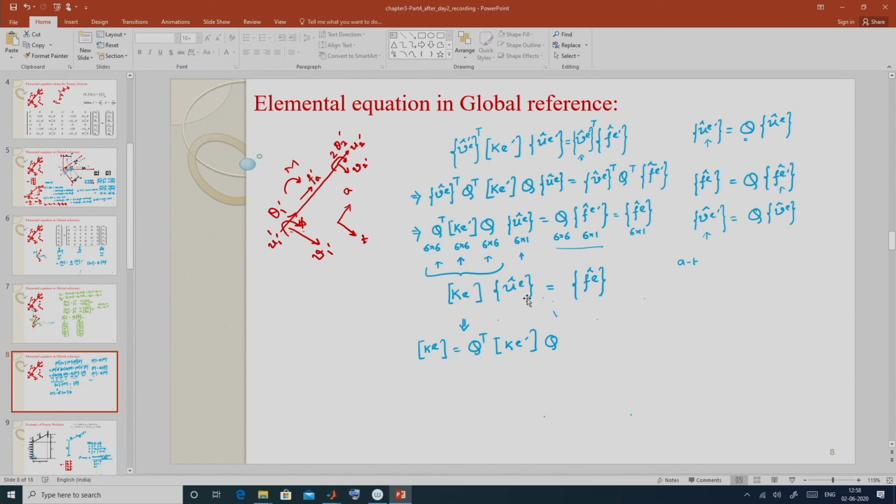Now, we will see the construction of element load vector. As I mentioned, if we have distributed load, then we have to first construct this Fe prime, that is the nodal contribution of that distributed load for that element.